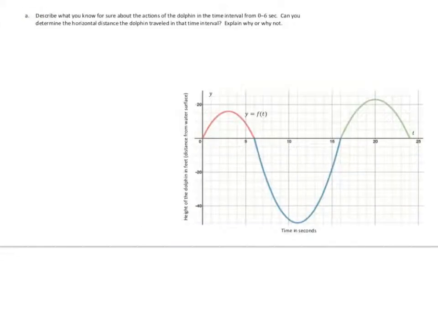So first of all, describe what you know for sure about the actions of the dolphin in the time interval from 0 to 6 seconds, which is right there. Can you determine the horizontal distance the dolphin traveled in that time interval? Explain why or why not. It looks like at time equals 0, the dolphin exited the water.